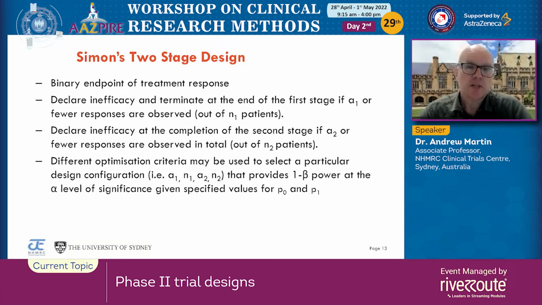And as we enroll patients to the first stage, we look at the number of successes out of the number of patients enrolled in the first stage. And if we see a sufficient number of successes, then the design continues to stage 2. And if we do not see a sufficient number of successes, the study terminates early.